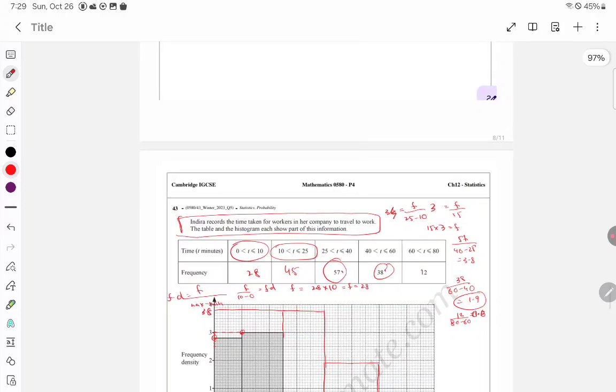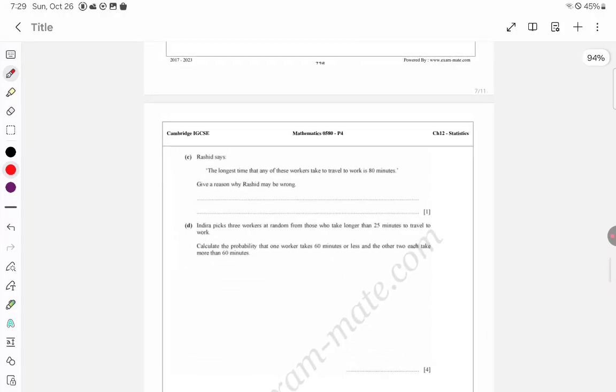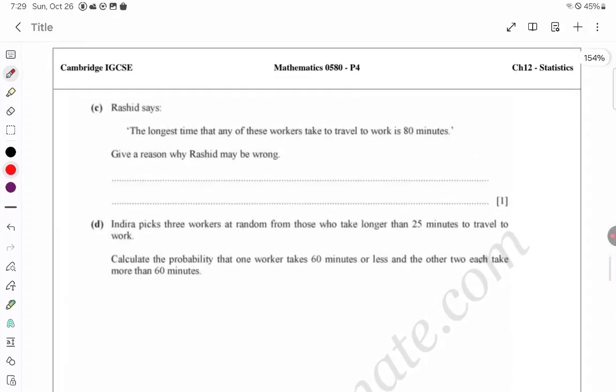Now for part C, Rashid says the longest time that any of these workers take to travel to work is 80 minutes. Give a reason why Rashid may be wrong.